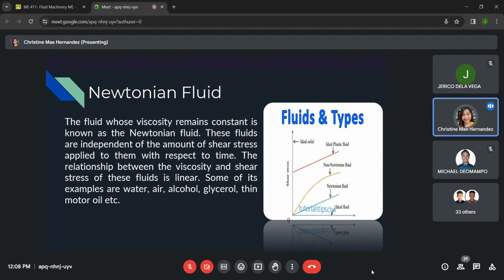So, meaning, also the viscosity totally depends upon the temperature and pressure of the fluid. So, sa Newtonian fluid, sabi nga kanina, it is the relationship between the viscosity and shear stress, pag linear siya. Back to viscosity tayo kanina, yung example natin na minix nyo or in-steer nyo si water.